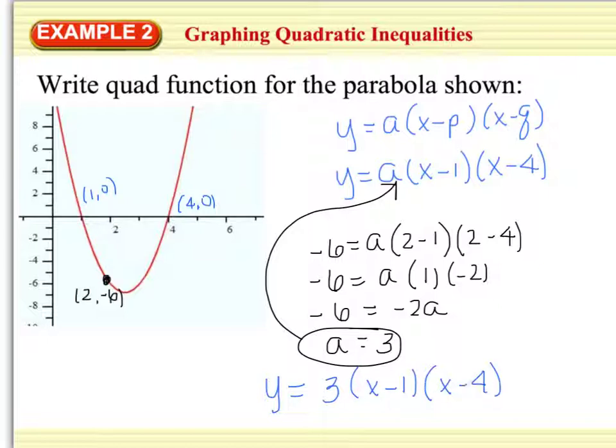I have two x-intercept factors. If I set these equal to 0, I should get a positive 1 and a positive 4, which is what I have for x-intercepts. So that looks good. I have a positive 3 here, which tells me my parabola would be upward facing, which it is. So this looks like a pretty acceptable equation.